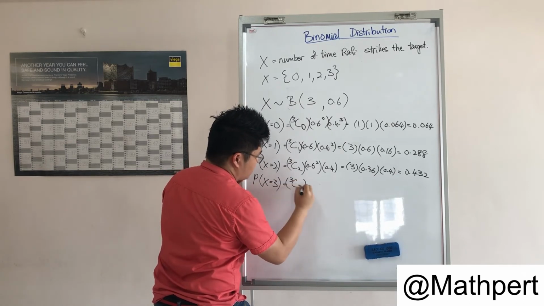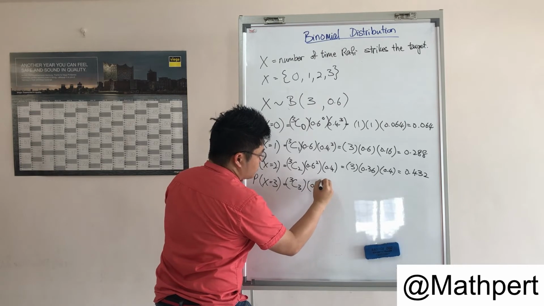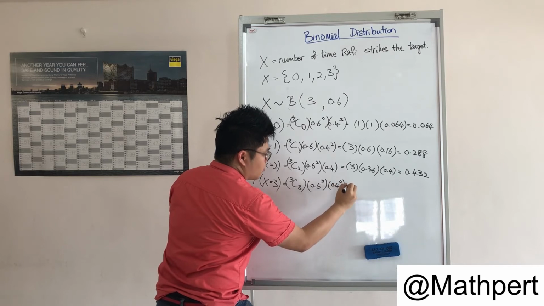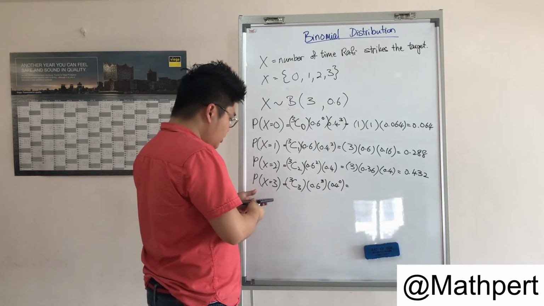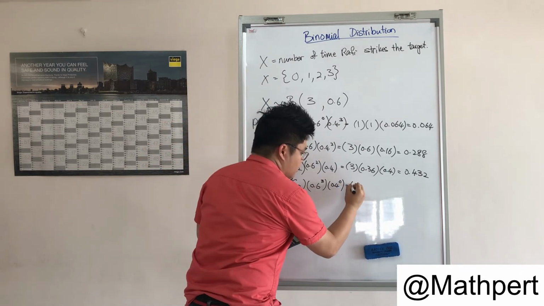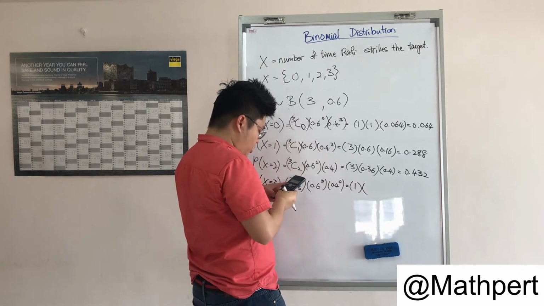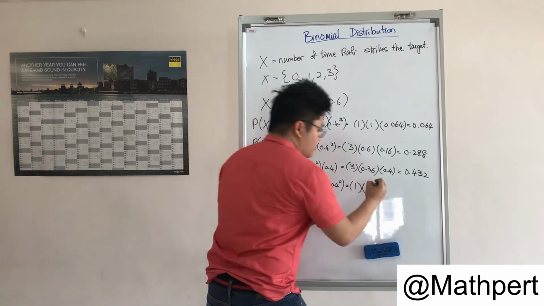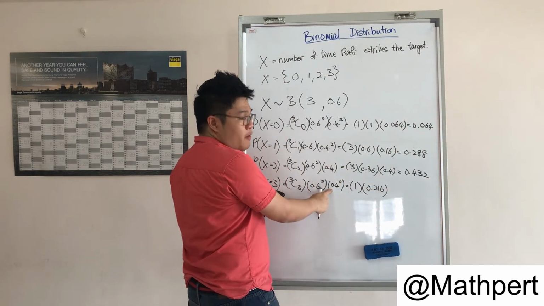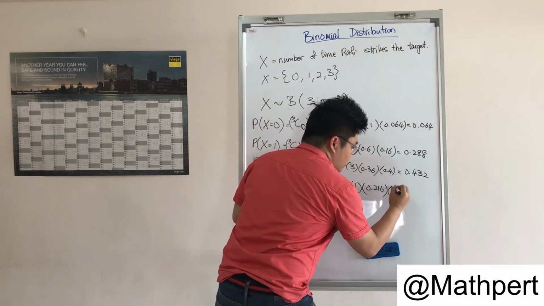Last, Rafi strikes 3 times. 3C3, 0.6 cubed, 0.4 power 0. So 3C3 we get 1. 0.6 cubed we get 0.216. 0.4 power 0 we get 1.